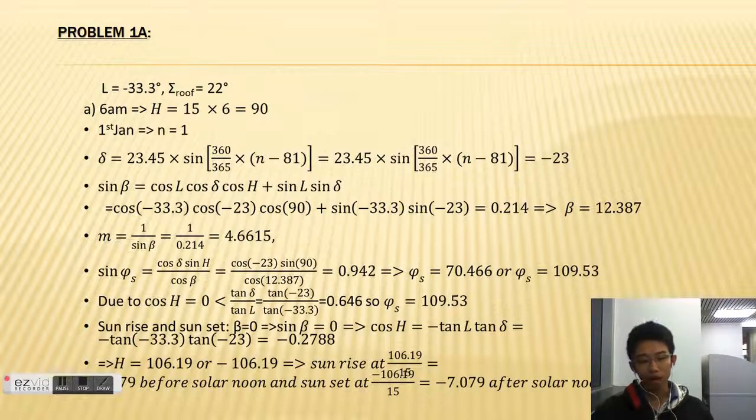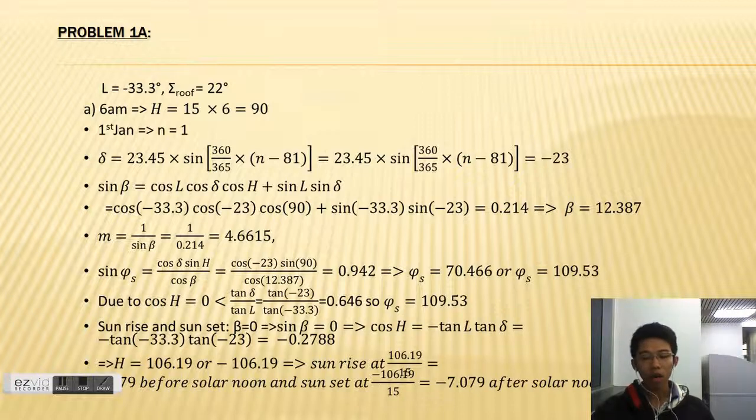Next, we substitute L, delta, and h into the formula to get the altitude angle beta. Finally, we calculate phi s, comparing the condition of cos phi s smaller than tan L over tan delta, so phi s should be larger than 90 degrees.